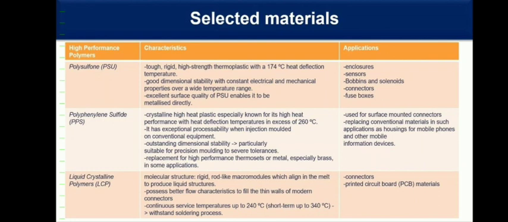Replacement of high performance thermosets or metals is possible, and for applications PPS can be used for surface mounted connectors where we need this high heat deflection temperature, and also replacing conventional materials in applications such as housings of mobile phones or other information devices.